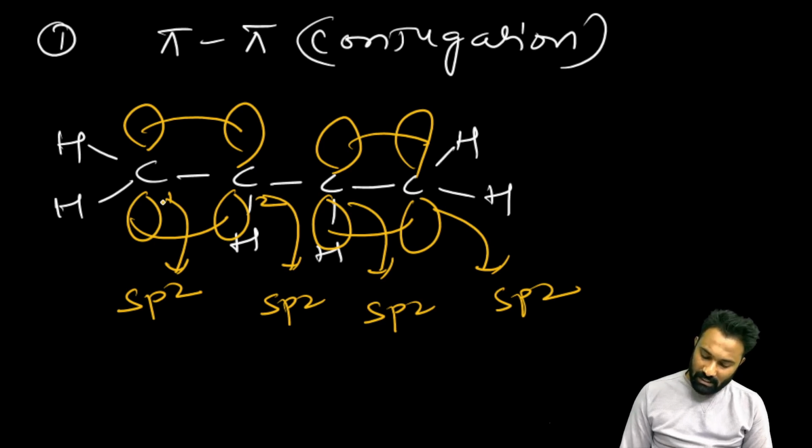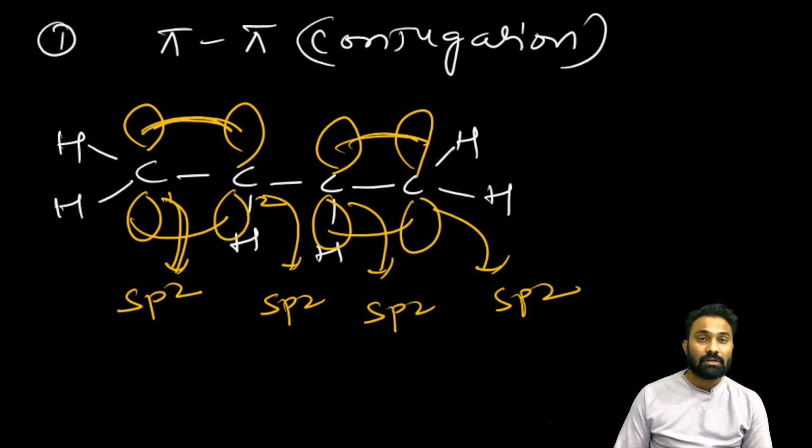See, now all the carbon atoms are sp2. When all the carbon atoms are sp2, are these pi electrons parallel to each other or perpendicular to each other? These pi electrons are parallel to each other, they are not perpendicular. When these pi electrons are parallel to each other, now this delocalization will happen.